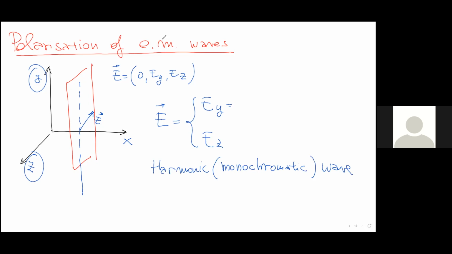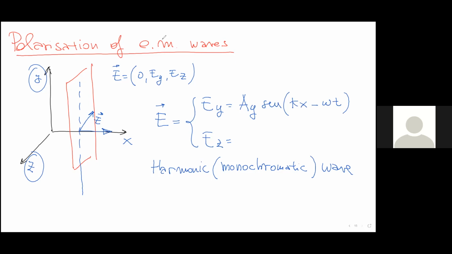Then these two fields can be written as an amplitude times sine of kx minus omega t, if we think of a forward progressive wave. So there is the minus sign.